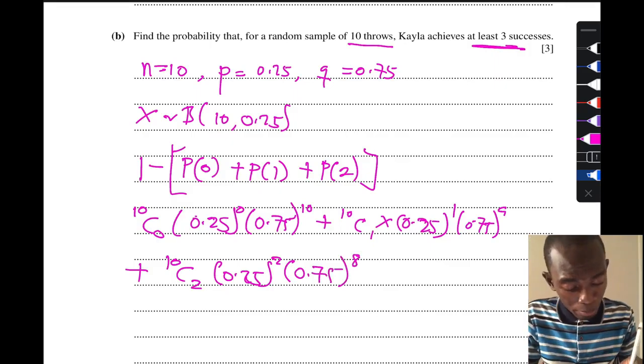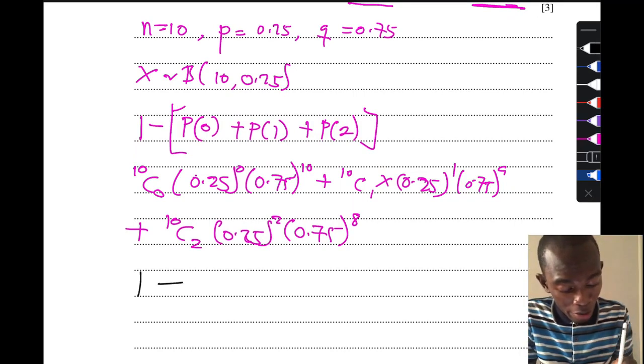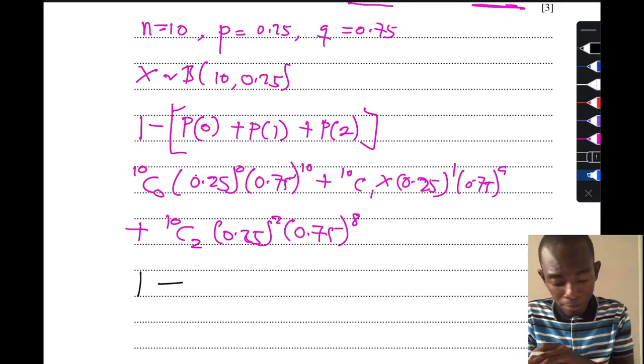Okay, so like we saw in the first example I did, not everything will go on the calculator. So let me do it in bits.